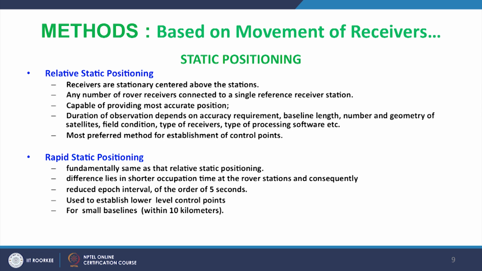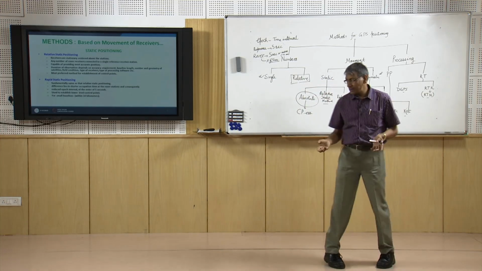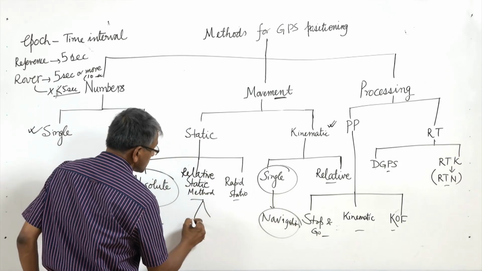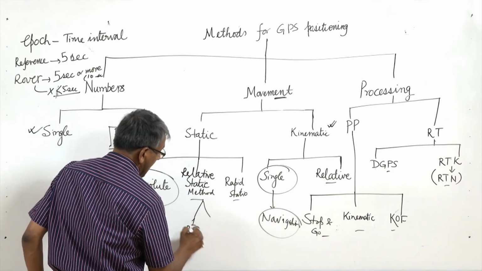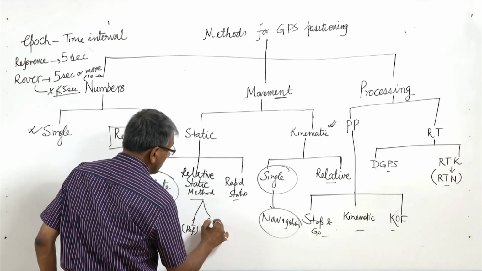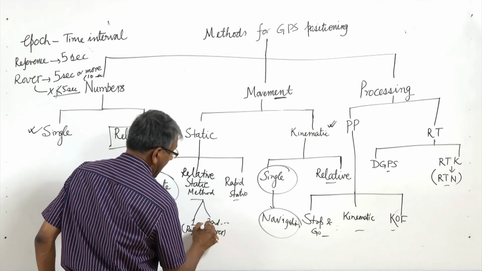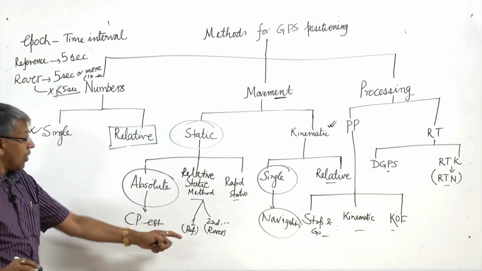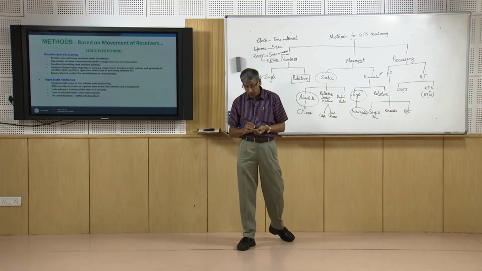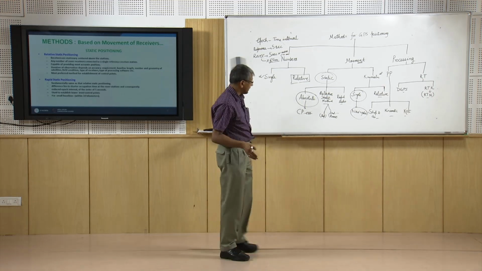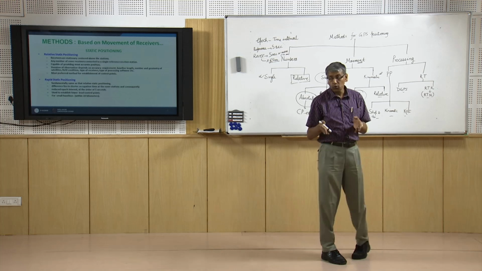Next, relative static positioning, called the relative static method. As I told you, in the relative method there will be two or more receivers, at least one will be the reference and the second, third, fourth will all be rovers, and because it is static, all these receivers will be in a static condition over the points for which we need to determine the position.